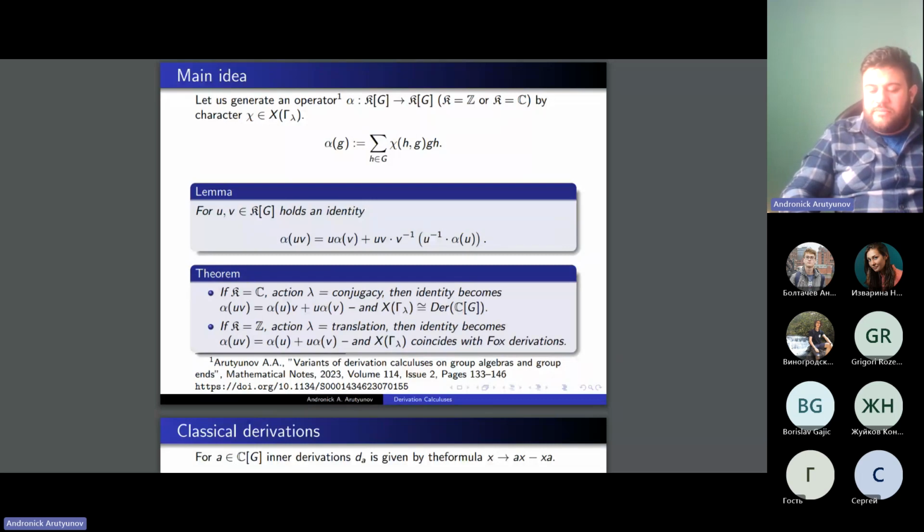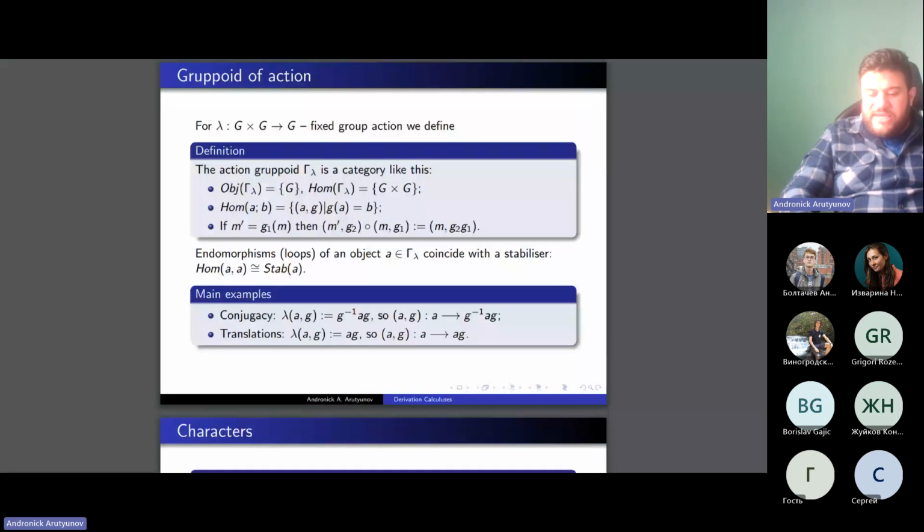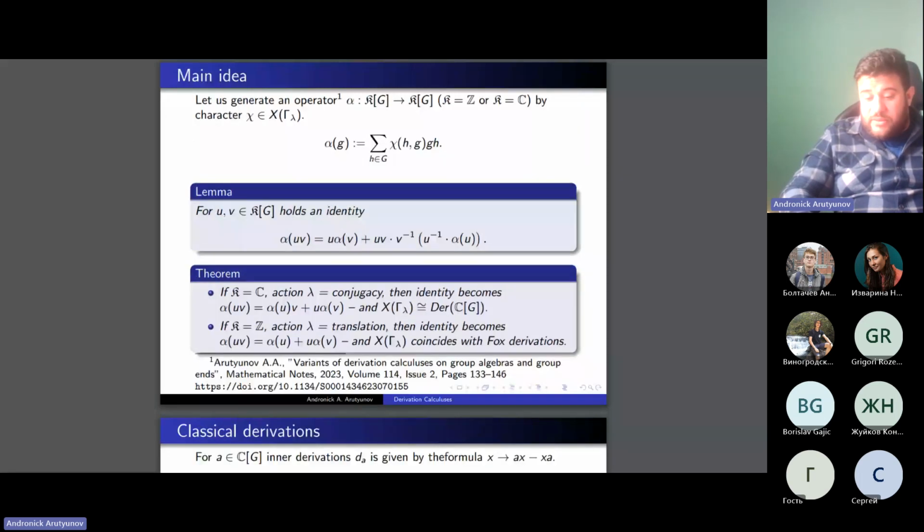It is a little bit strange identity, but we have got two examples: a conjugacy action and a translations action. In the first case, the identity turns into the Leibniz rule, and in the second case, if you take translations as the action, you get another type of identity, which was presented by Fox.